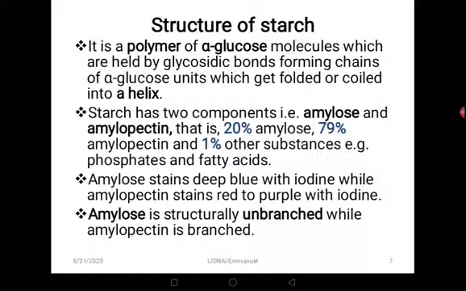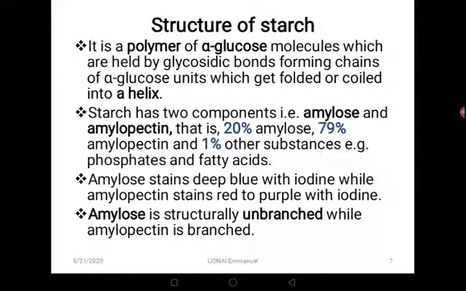The other most important point for us to note is that starch has two components. The first one is called amylose, and the other one is amylopectin. 20% of starch is usually made up of amylose, and 79% is made up of amylopectin.